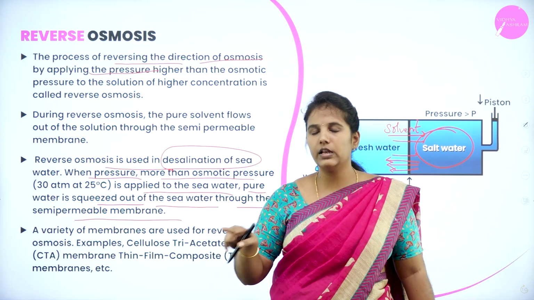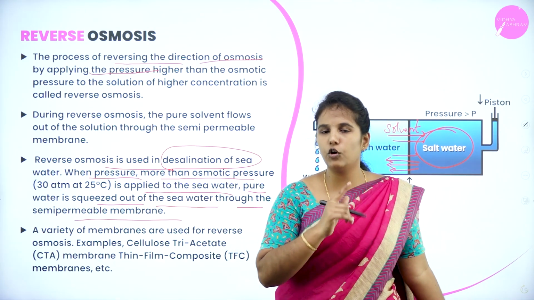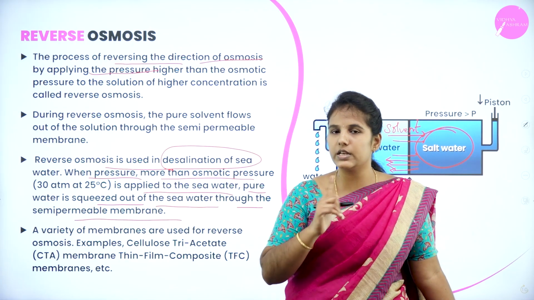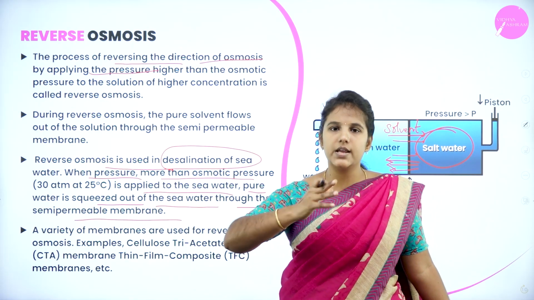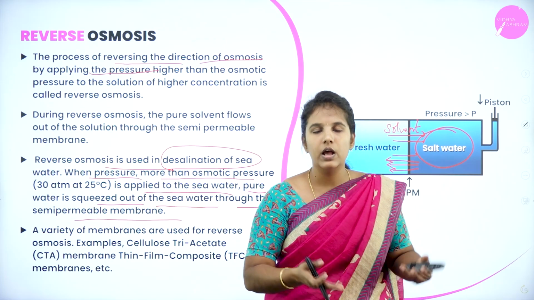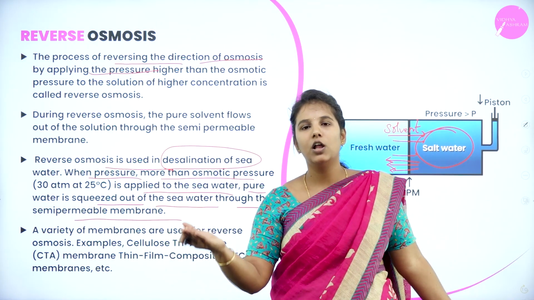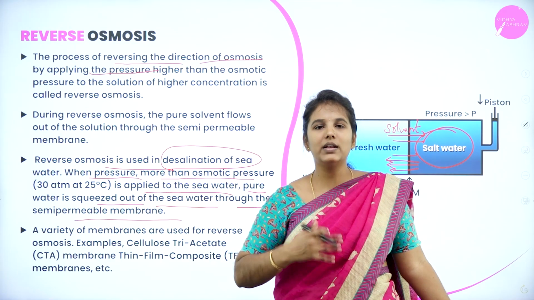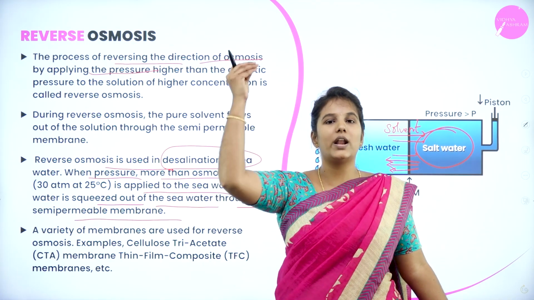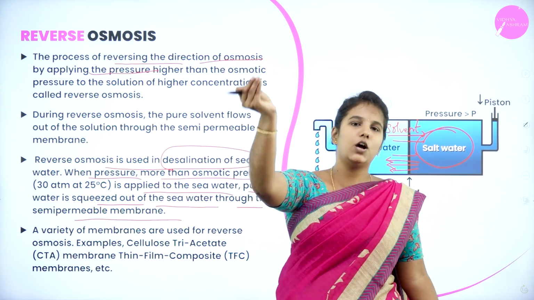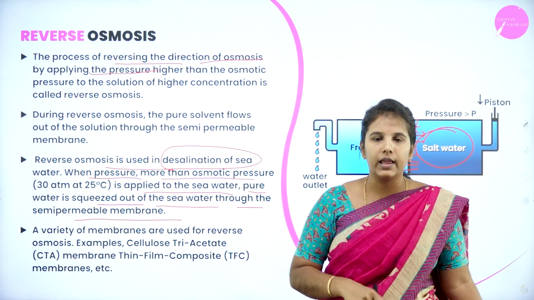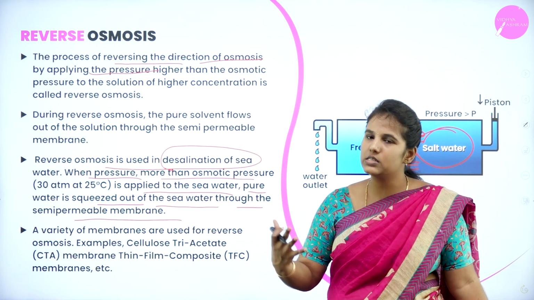What does reverse osmosis mean? The reverse direction of osmosis, where the solvent molecules move from the higher concentration region to the lower concentration region. Why is it moving in the reverse direction? Because you are applying more pressure than the osmotic pressure. So that is said to be reverse osmosis.